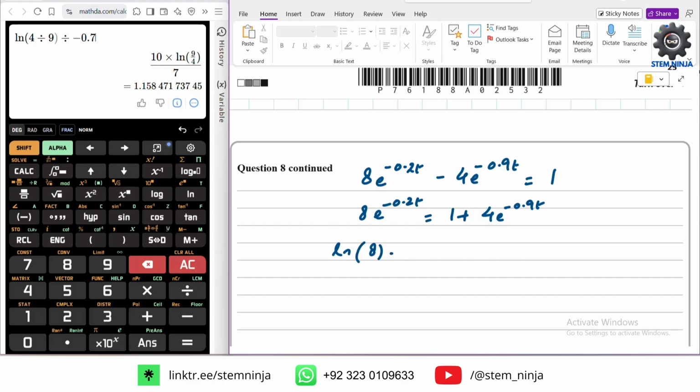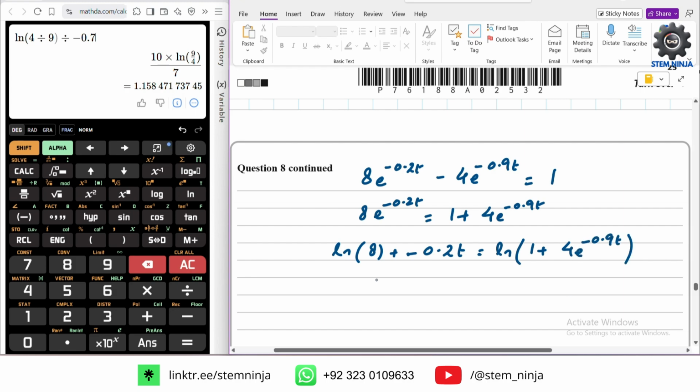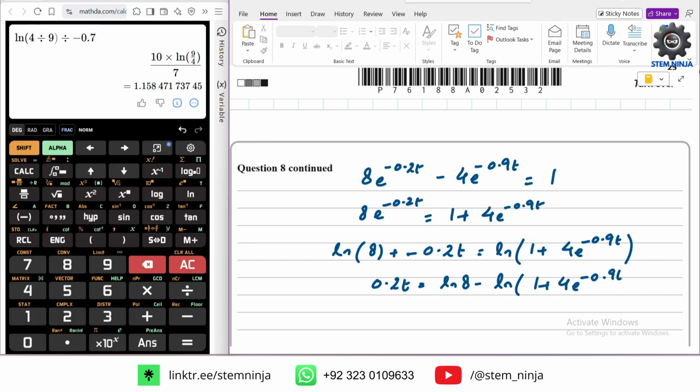Minus 0.2t equals ln of 1 plus 4 e raised to power minus 0.9t, right? Okay, and 0.2t would be ln 8 minus ln of 1 plus 4 e raised to power minus 0.9t, right? Okay, now it's shaping up.